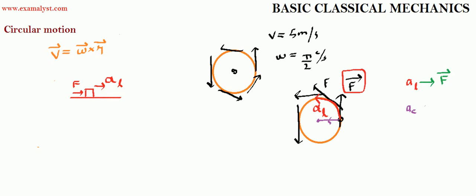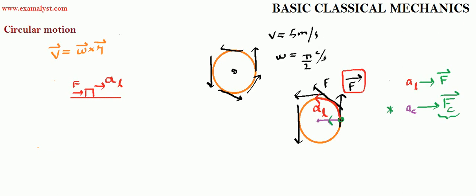And then I said there is a centripetal acceleration, and obviously with this acceleration there must be a force acting on the object moving in circular motion. This centripetal force acts towards the center, and keeps the object on the circle's circumference. So this is the importance of centripetal force.